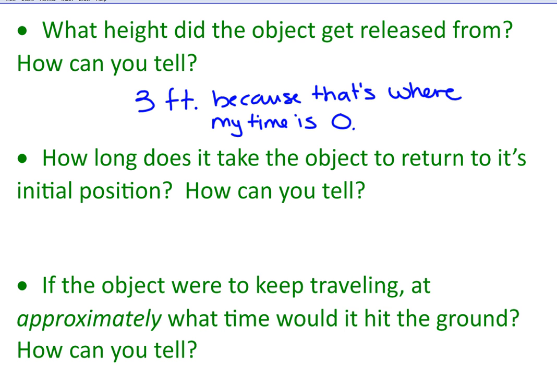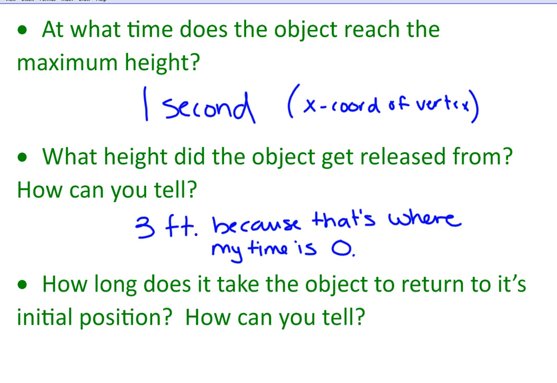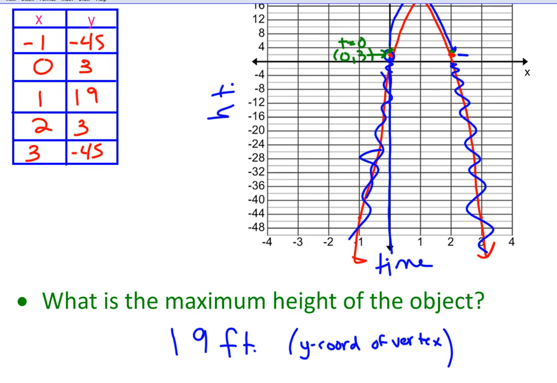Then it says, how long does it take the object to return to its initial position? So its initial position is right here, isn't it? Where I should have had the 3's. Right in this area. So that's that other ordered pair, the reflection point for 0, 3. Here's where it started, so the reflection point for that would be 2, 3.